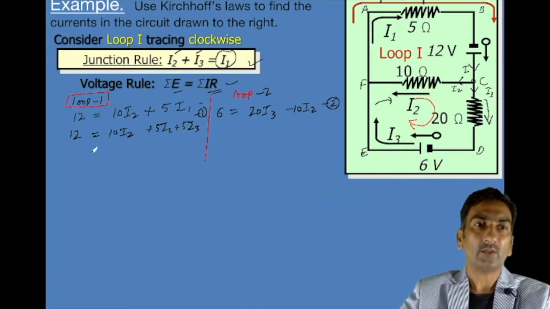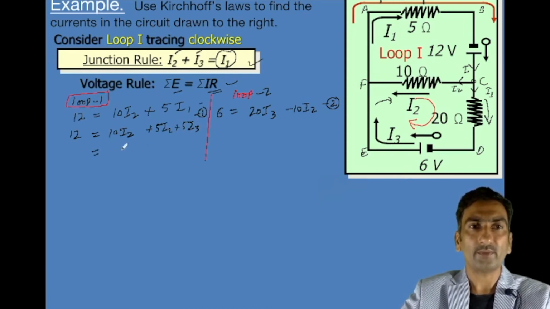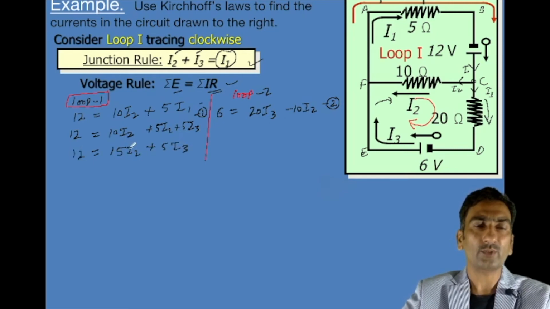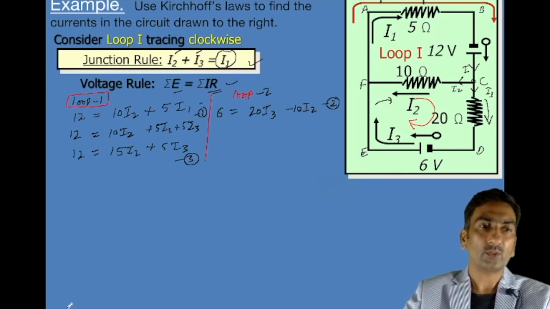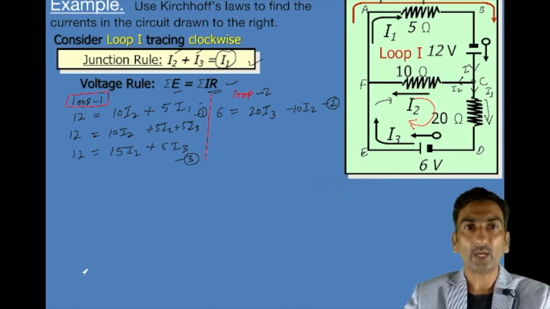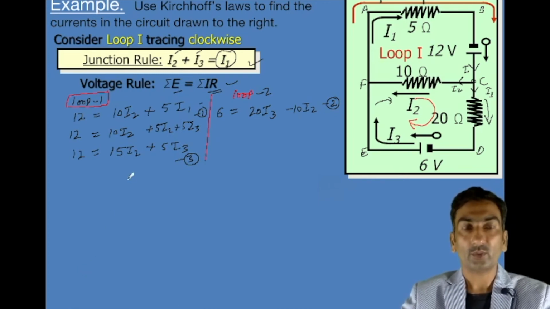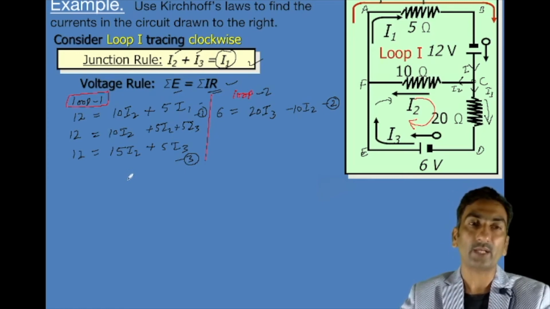Now if you simplify this one, 10 I2 plus 5 I2 becomes 15 I2, and plus 5 I3, that is equals to 12. This equation you can mark as 3. So right now you have 3 equations, right? So we have to solve for I1, I2 and I3. These currents we have to calculate.